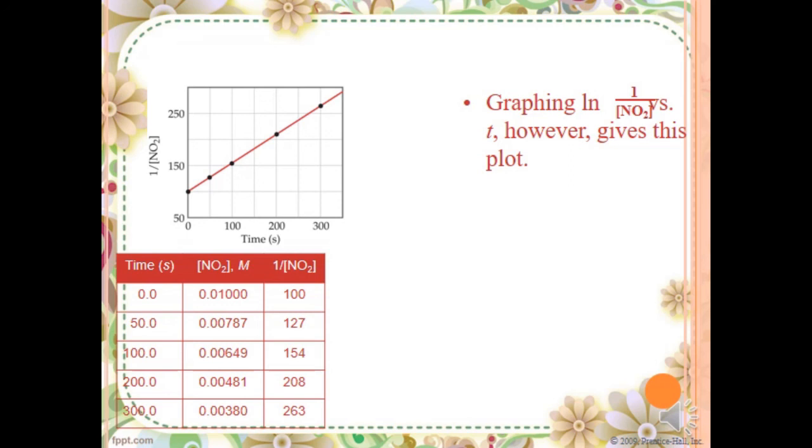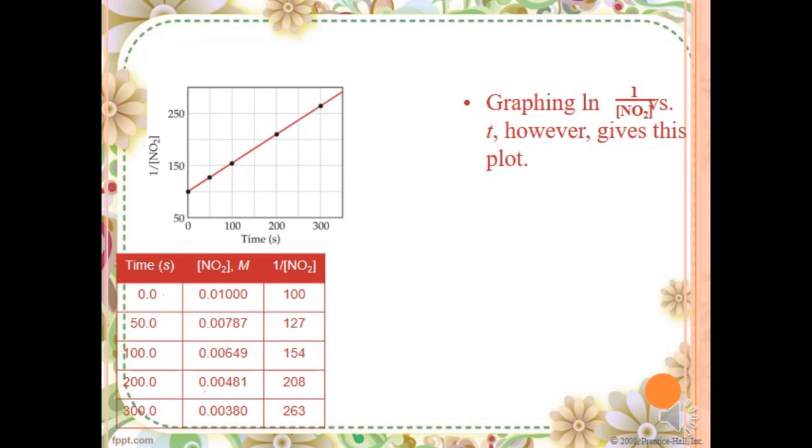So we get a straight positive slope, and this proves that this nitrogen dioxide decomposition obeys second order kinetics.